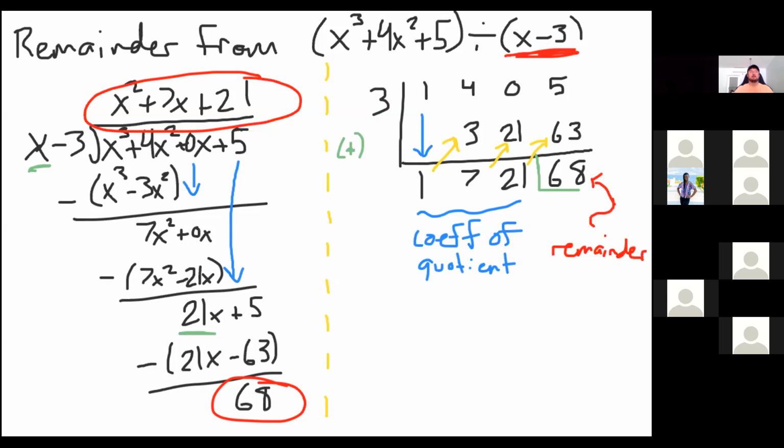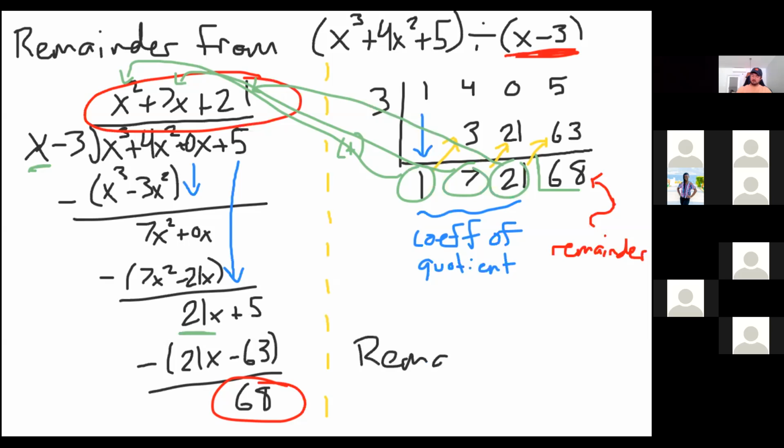Well, notice it's exactly what we got because the coefficients are a 21, which we see right here for the ones term, a 7 for the x term, and a 1 for the x squared term. Okay, so that's just showing the correlation, but for the question, we were wanting the remainder. The remainder from division is 68.